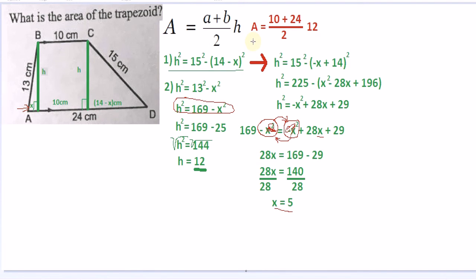I'm going to replace all the numbers, 10, 24, 2. Well, 2 was there already. The 12 that we got from H here. And now it's just a simple matter of addition, division, multiplication. And there we have it. The area of the trapezoid is equal to 204 centimeters squared.